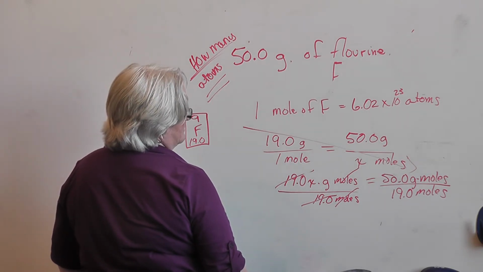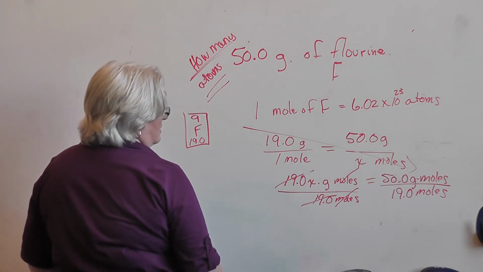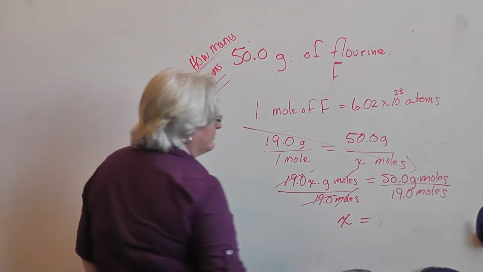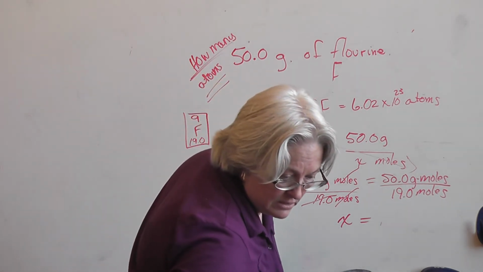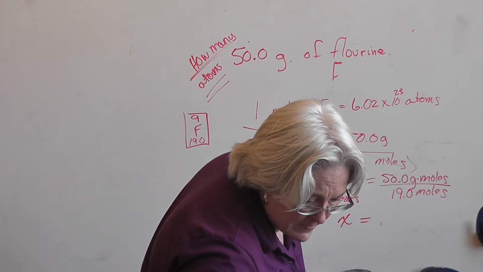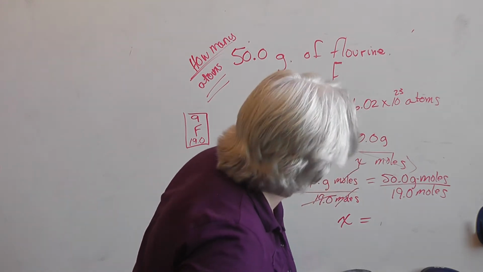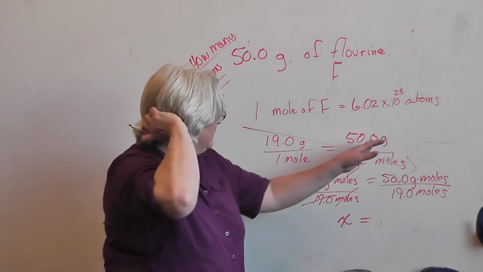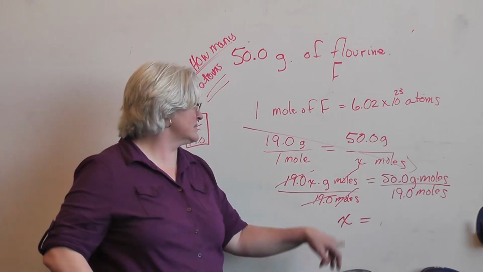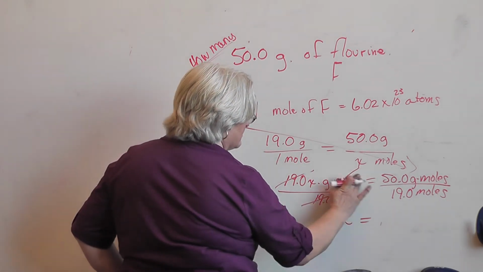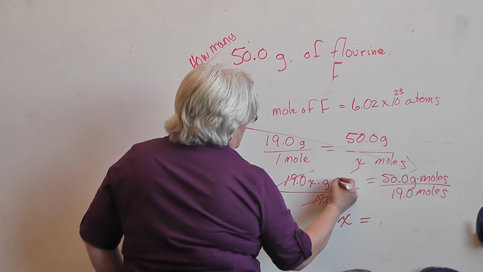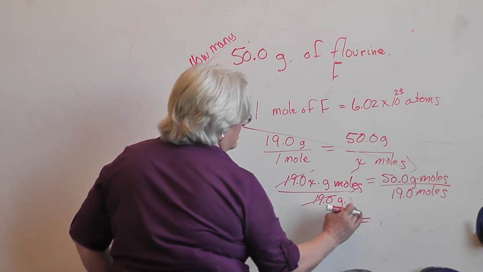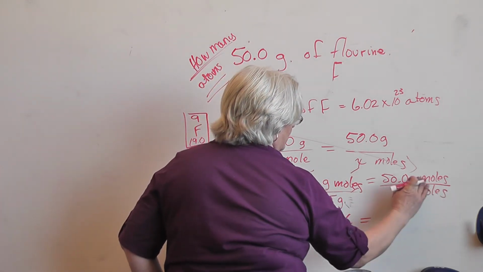Actually, we don't want to find out how many grams it is, we want to know how many moles it is. So we're going to divide by grams, not by moles. That was my problem. Moles, going to divide by grams. Going to divide this side by 19.0 grams.